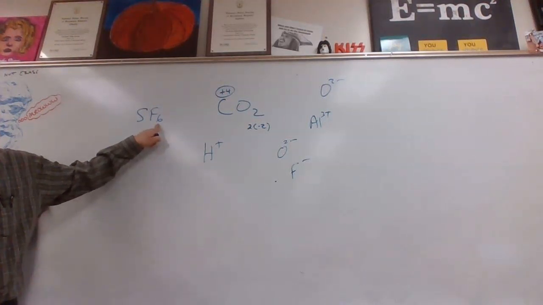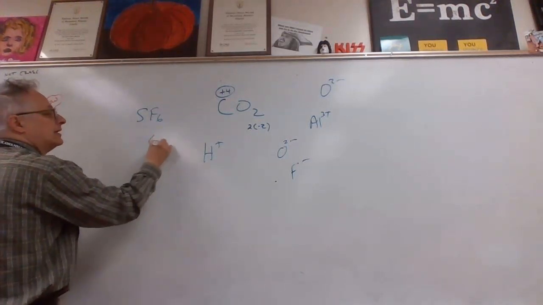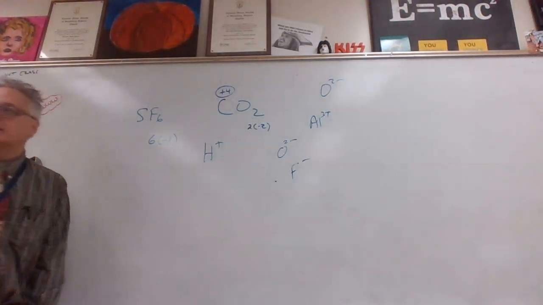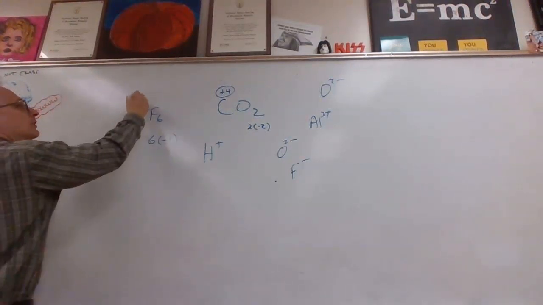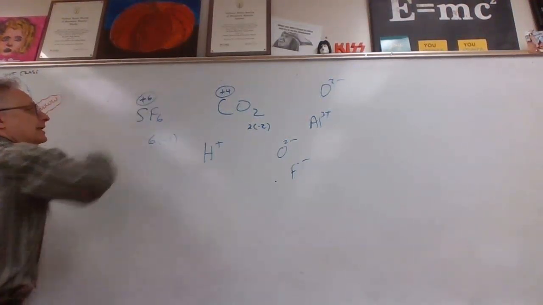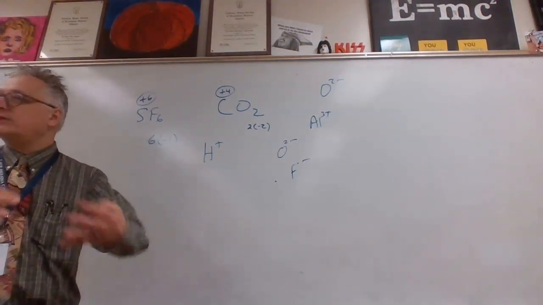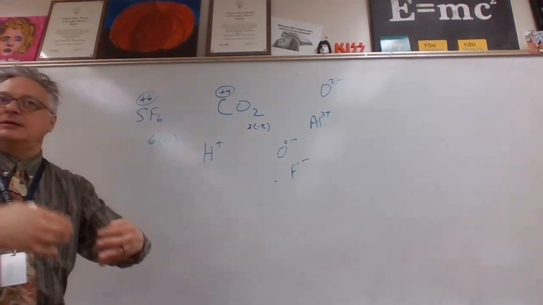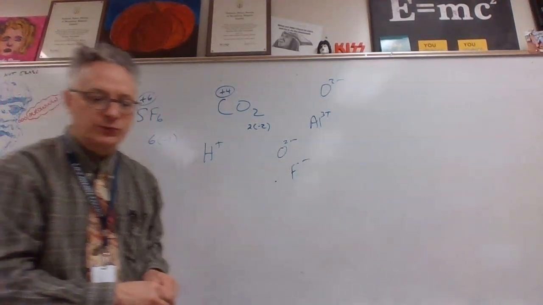Matter of fact, that's the most electronegative atom in the universe. So I've got 6 of them. Each one gets an oxidation state of -1. So that means my sulfur has to be a +6 oxidation state. And again, we're just using this as a method to get to something else, to be able to determine what's oxidized and what's reduced.